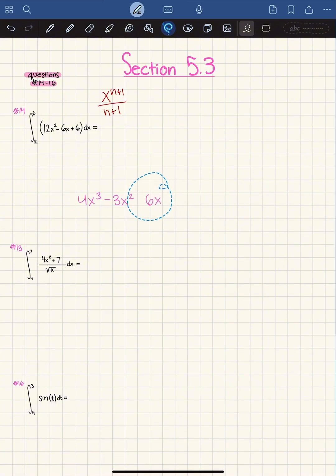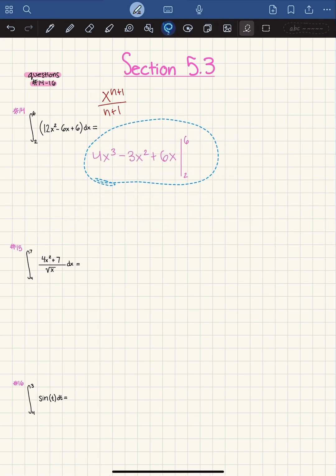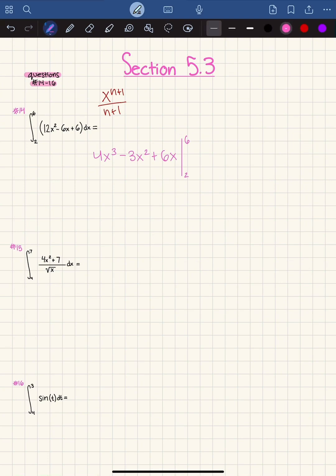So now we have this integrated with respect to x, and we can take the integral from 2 to 6. So we can evaluate using the FTC. We can first do big F of 6, and we just plug 6 into all the x variables.